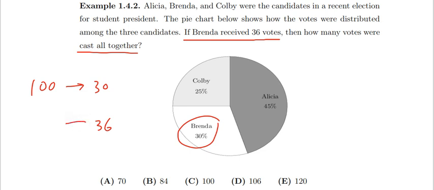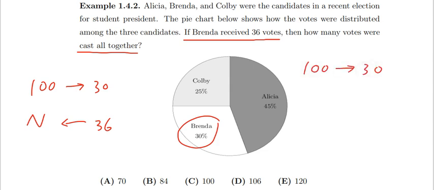Then we want to find the total. So 100 corresponds to 30, and we have 36. So what is N? At first we say N should be more than 100, right? We can use many ways to do this.